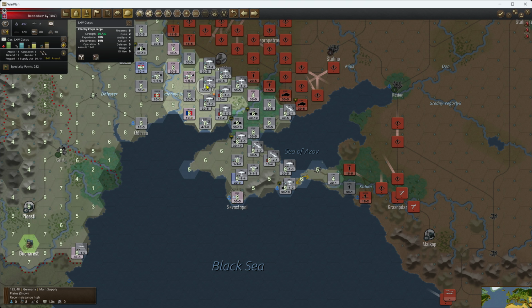Okay, what happened? Can't he move that far? No! Dumb bastard, he comes one hex short. Jesus.